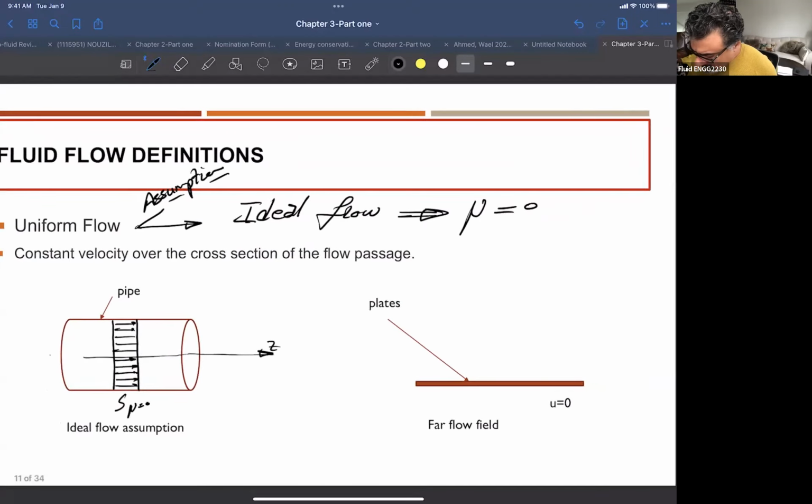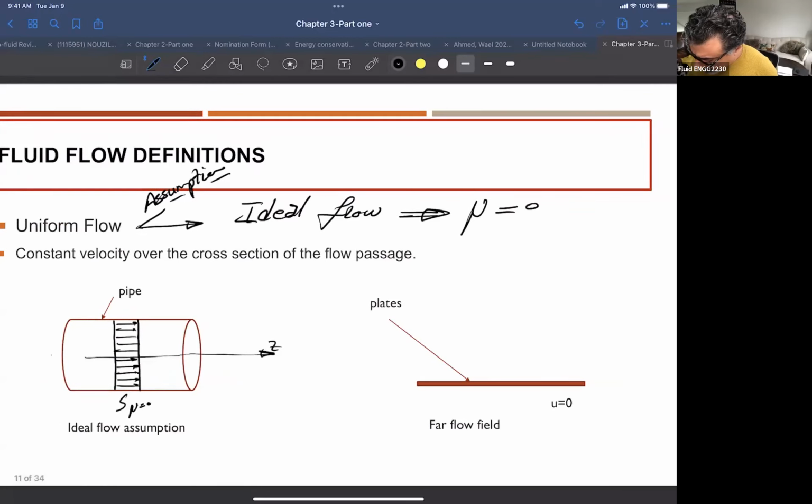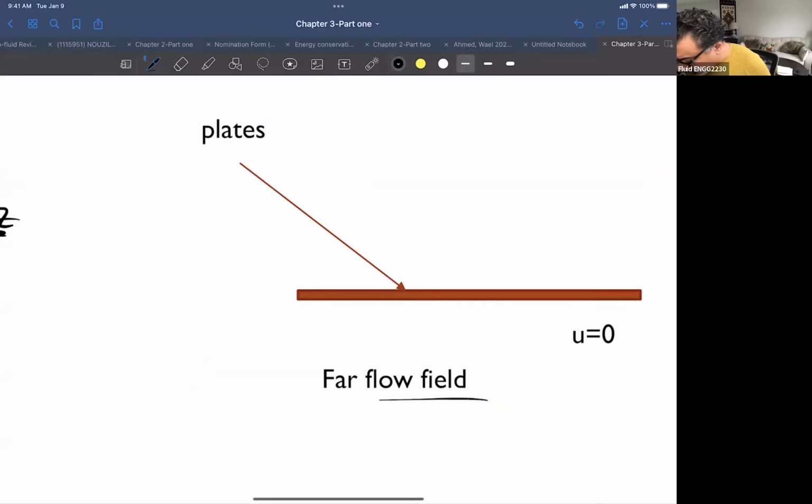Sometimes, for a plate, for example, there is something called far field flow, and you will find a lot of environmental engineers dealing with these kinds of things when they are looking at the weather, for example. They are looking at the velocity distribution around cities. This could be the ground, and far field flow means something like this.